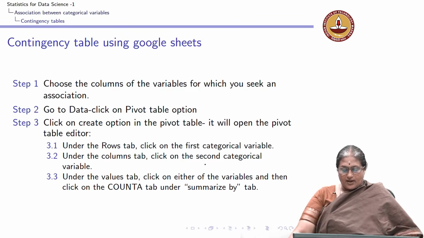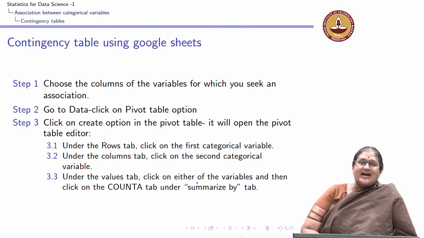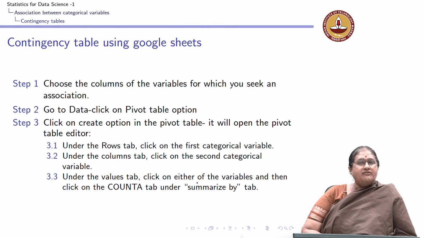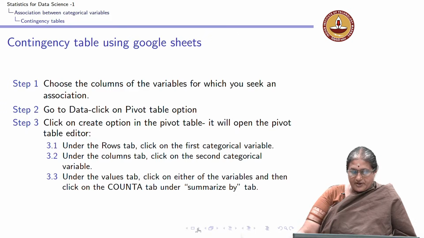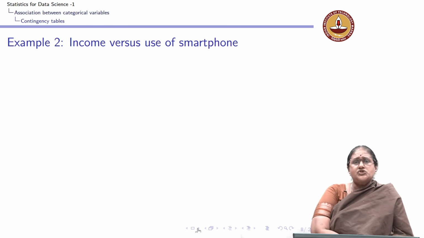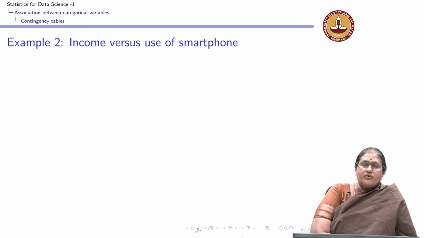So, if you saw in the earlier example, we had two nominal variables. Now, what would happen if I have an ordinal variable? Let us look at another example here. In the earlier example, I saw whether gender was associated with ownership of a phone.